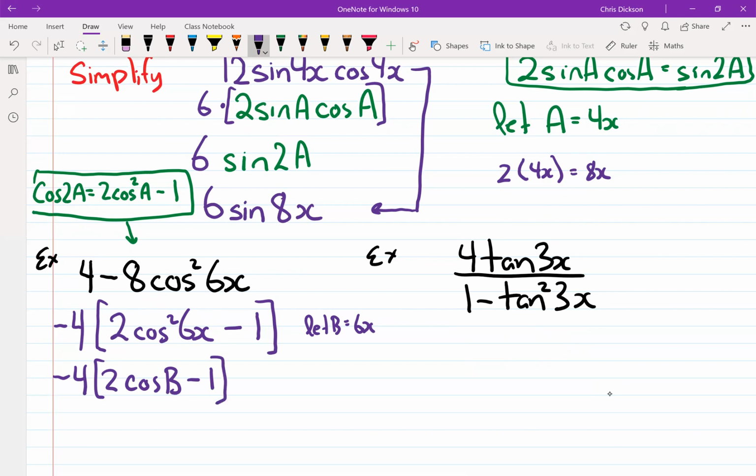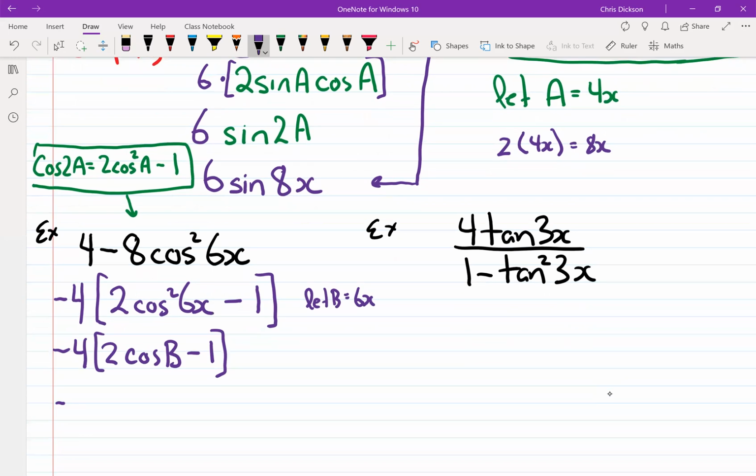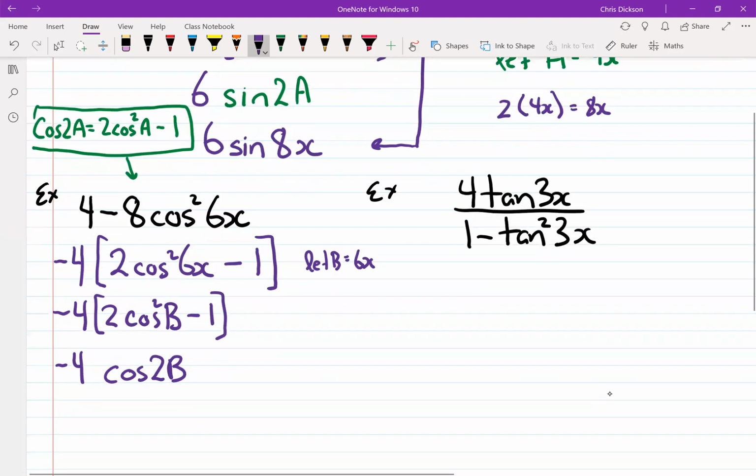Now, 2 cos squared b minus 1 is equal to cos 2b. And what was b? Well, b was 6x. So -4 cosine of 2 times 6, which is 12x.